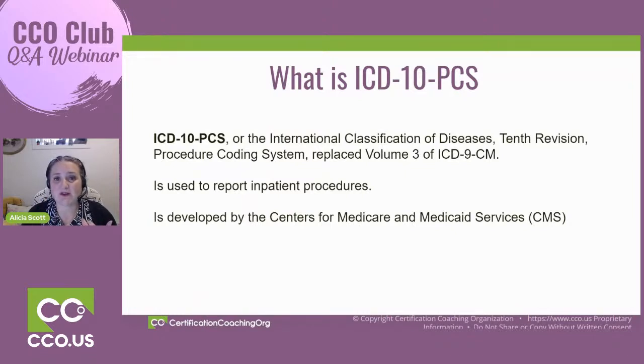So now we have ICD-10-CM, which is our diagnoses for everything. Then we have our CPT manual, which is produced by the AMA exclusively, and that is the procedures for outpatient.